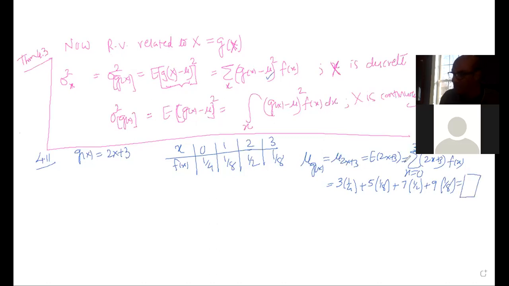If you sum this, you get 6. Now I want to find the variance. So now sigma square of 2x plus 3, that is my g of x, is equal to, okay.